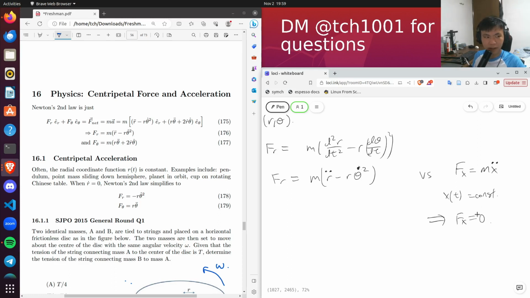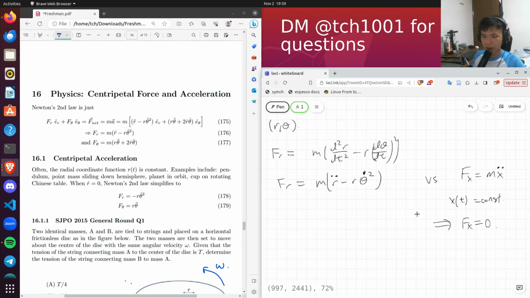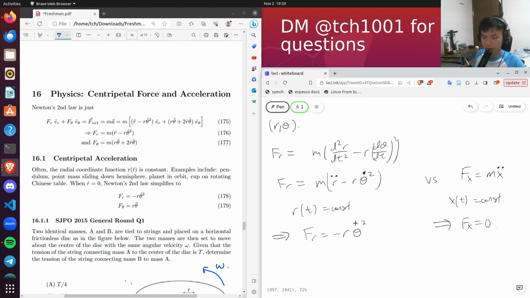There's no force in the x component. But now, if I have r as a constant function of time, that doesn't imply that F of r equals 0. In fact, with r as a constant function of time, the r double dot term will disappear. It actually implies that F of r is equal to minus m r theta dot squared.